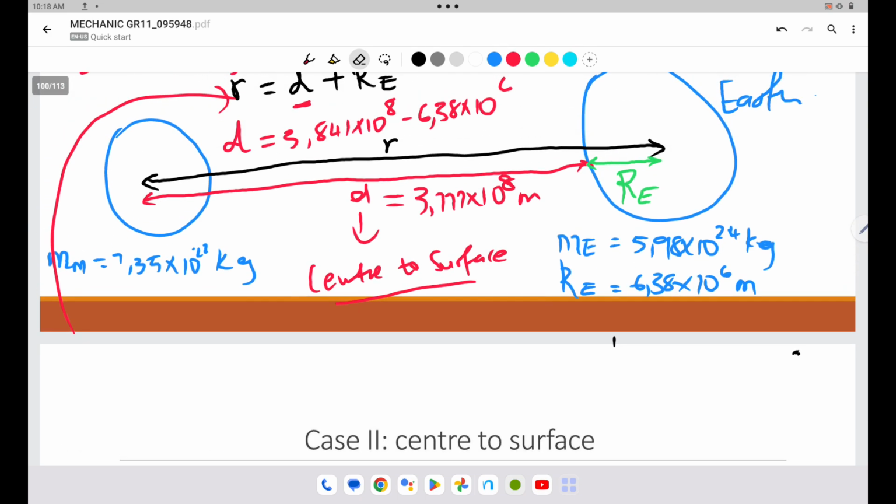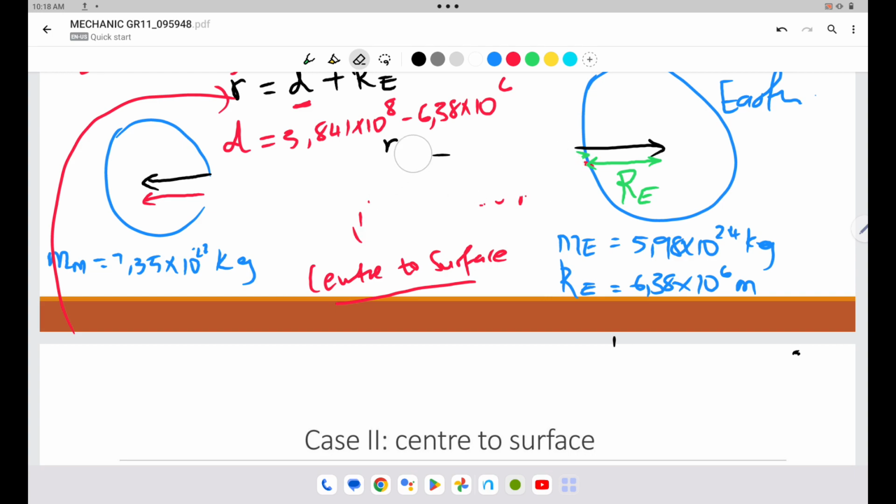But it did not stop the examiner to ask us to calculate the surface to surface distance, the distance from the surface of the earth to the surface of the moon. If the examiner wanted that distance, then it means they would need to provide us with additional information.